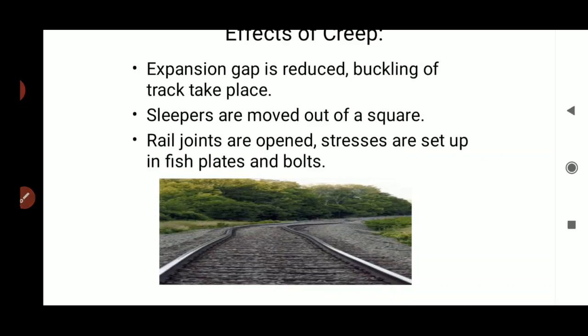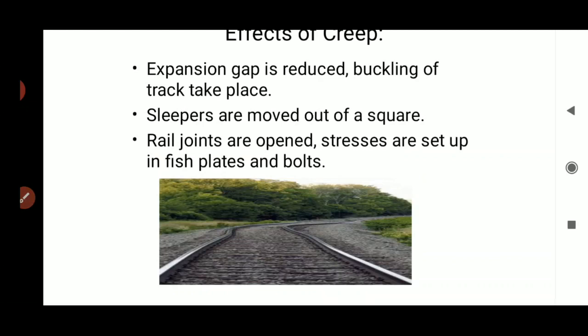As we know, the main function of the sleeper is to hold the rails in their original position. If the rails are moving in the longitudinal direction, then it will exert stress on the sleepers also. Then the sleeper will also try to move with the rail, for which the sleepers may move out from their position.